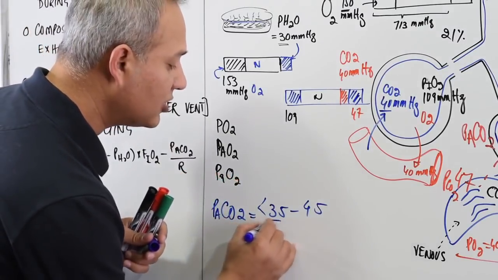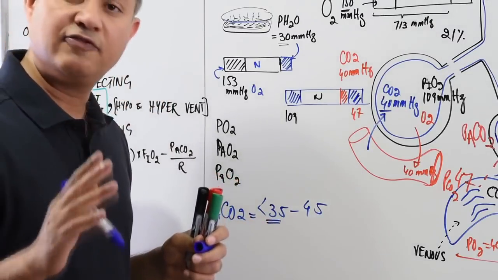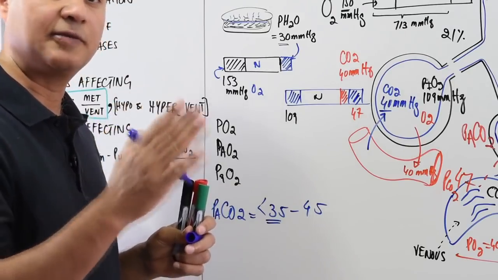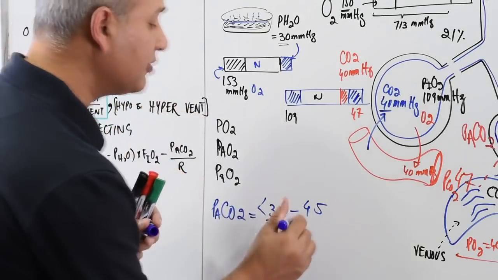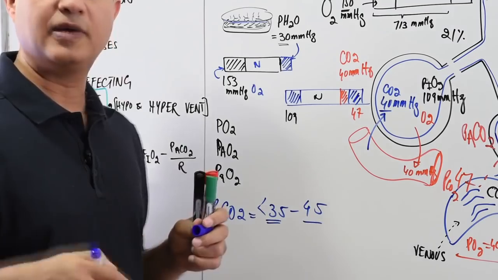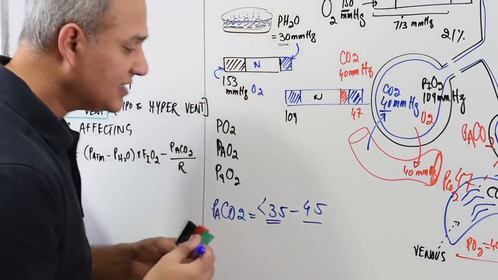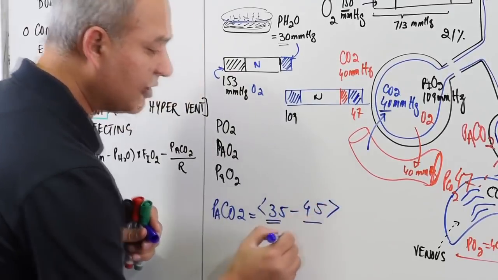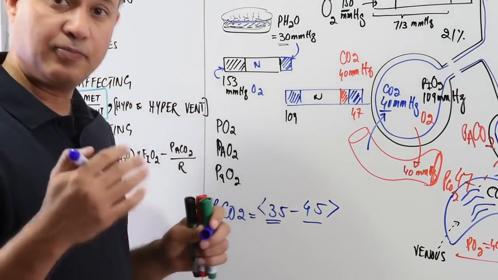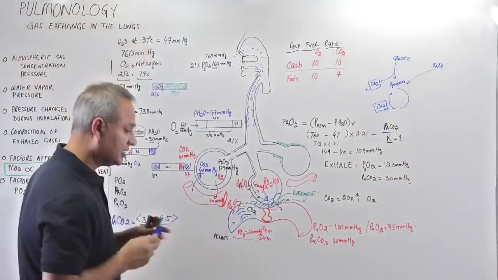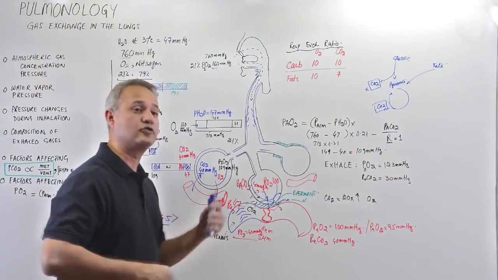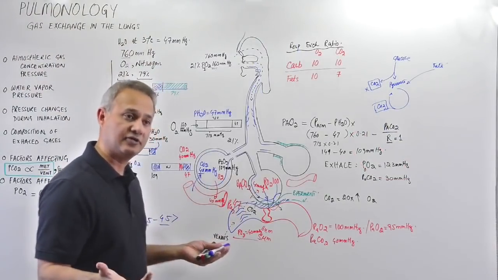If it drops below 35, then by definition we call it the person is hyperventilating. If it goes above 45, then by definition we say that the person is hypoventilating. Okay, so if it is more than 45, then it is hypoventilation. What does that mean? That means I'm not breathing enough to push the carbon dioxide out.